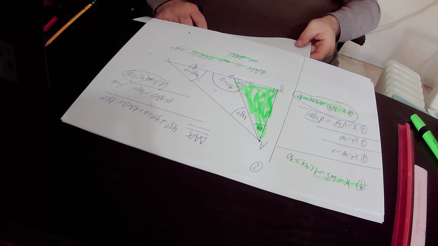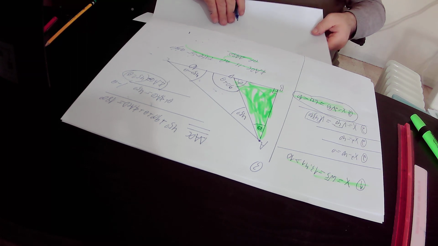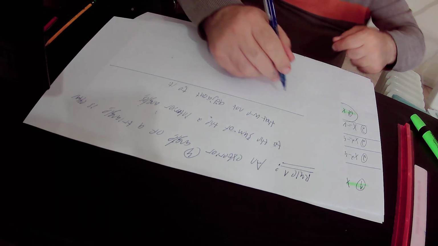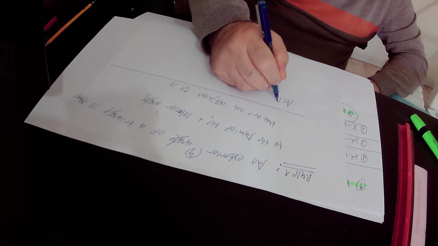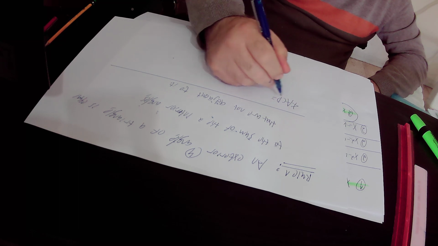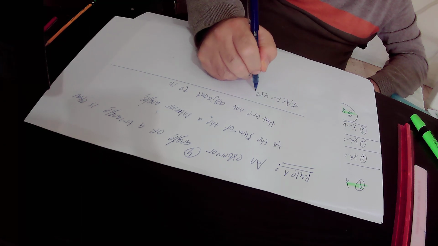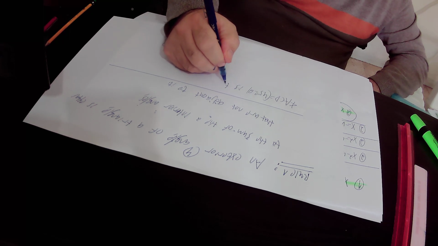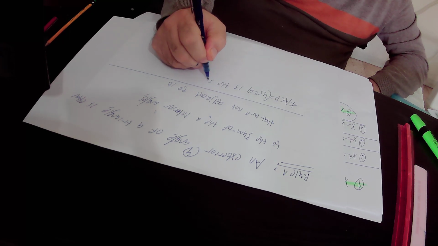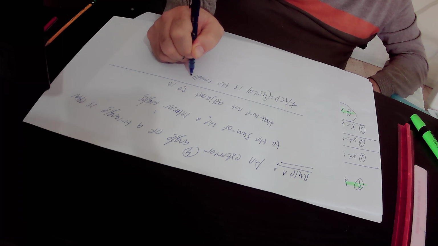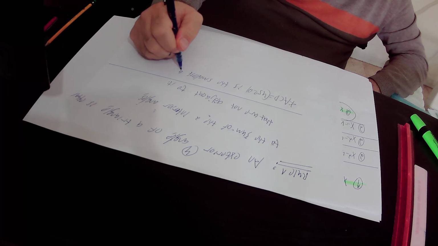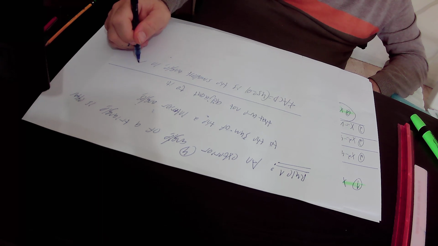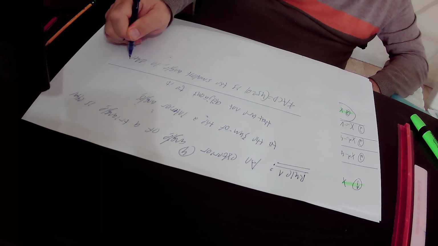Okay, you can write down that angle ACD, which is equal to 45 degrees minus theta, is the smallest angle in triangle ACD. Okay?